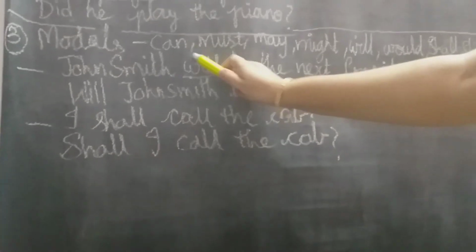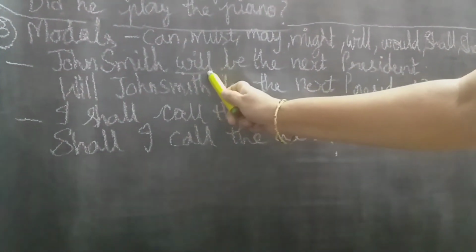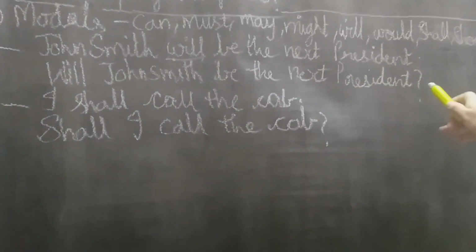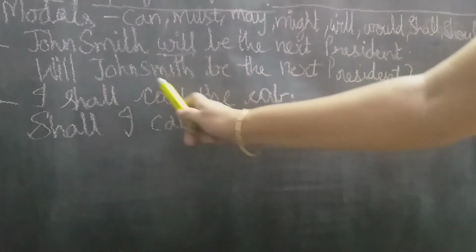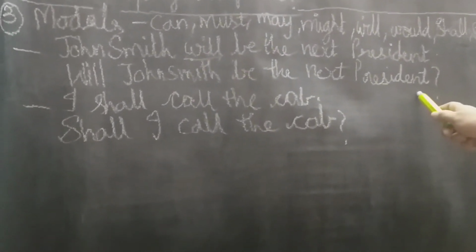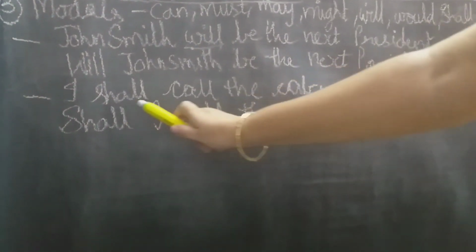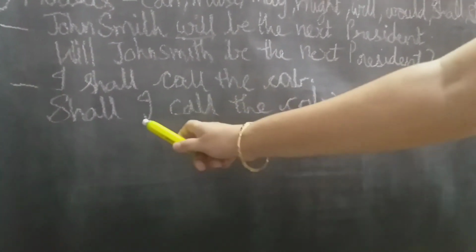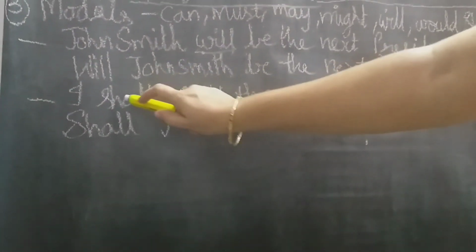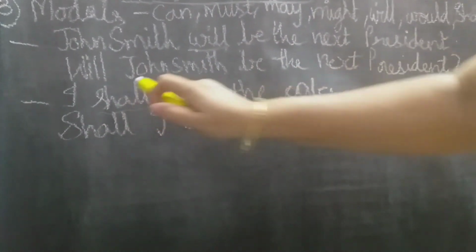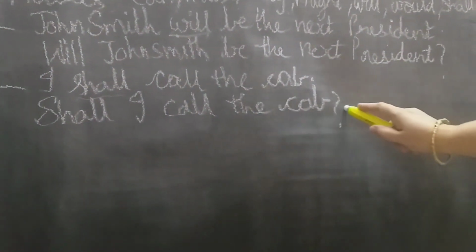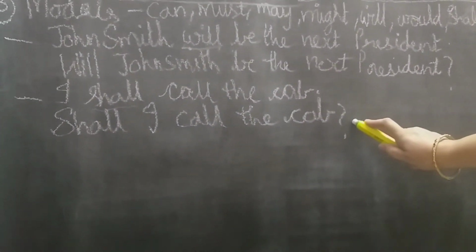We have to place this in the beginning. We have to change the position of the modal auxiliary verb so that we get an interrogation. Will John Smith be the next president? Becomes an interrogative. Another example, let us see. I shall call the cab. Shall I call the cab? Is the interrogation. We changed here the position of the modal auxiliary verb shall. Shall is placed in the beginning and we converted it into an interrogation.